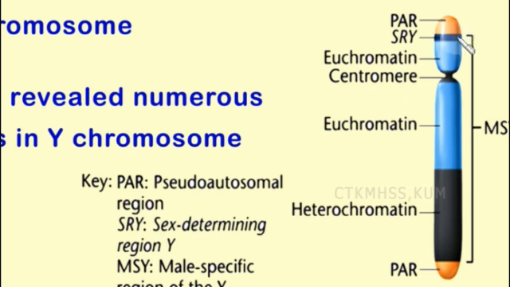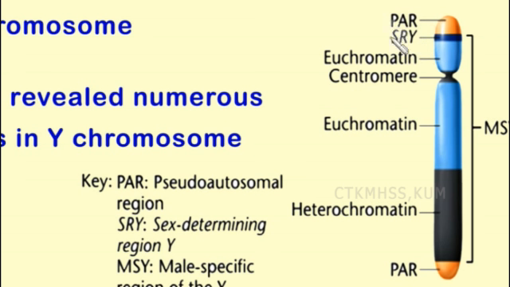In humans, absence of the Y chromosome inevitably leads to female development, and this SRY gene is absent in the X chromosome. So this gene is absent in females. Only in the male can we find this SRY.